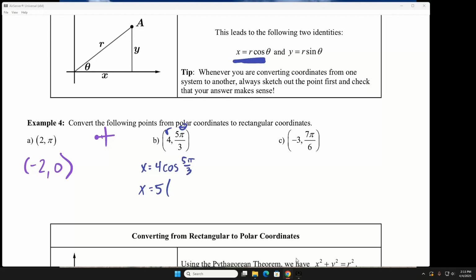So the cosine of all of the pi over 3's are either going to be 1/2 or negative 1/2. For 5 pi over 3 it is going to be positive 1/2. And I'm not really sure why I wrote a 5 there, but it should definitely still be a 4. So the x coordinate here is just going to be 4 times 1/2, or 2. All right, and then when I want to do the y coordinate, y is going to be 4 times the sine of 5 pi over 3.